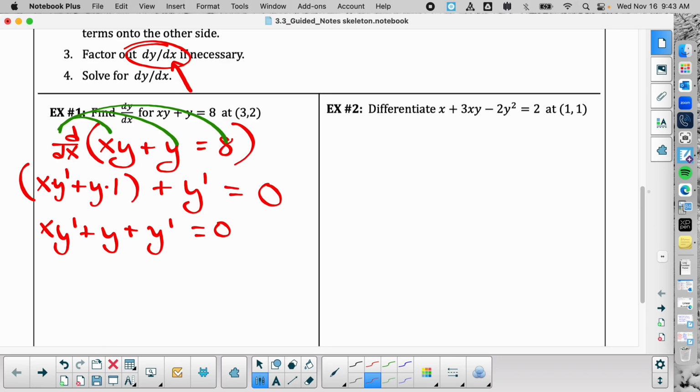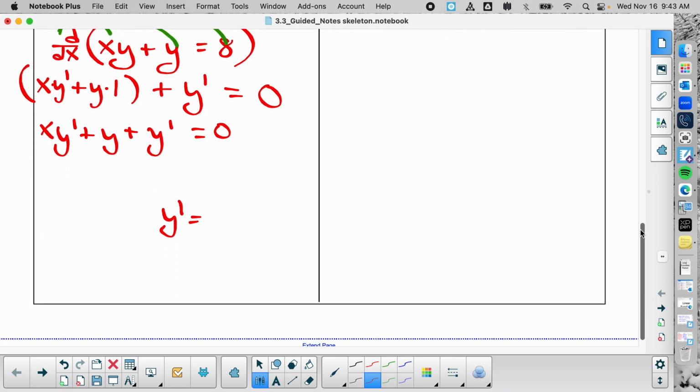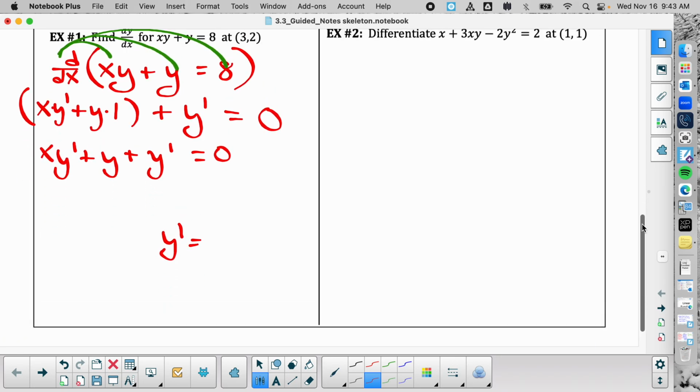Yeah. Okay, it says find dy dx, which means we wrote y prime instead of dy dx. So at the end of the problem, I want this to say y prime equals something. How do I do that? How do I solve for y prime? Oh, go ahead. You subtract y. I would subtract y because it is the only term without y prime.